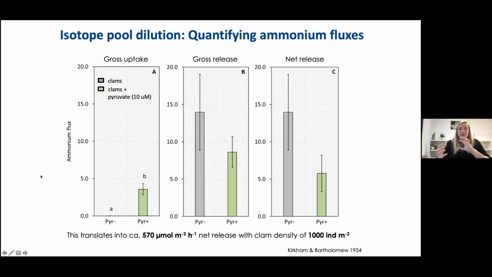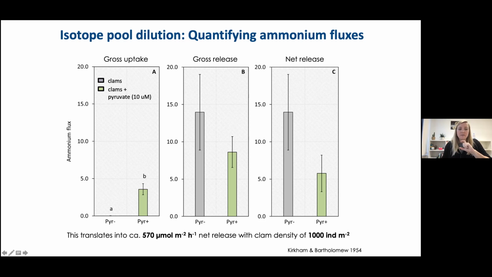And so in a bivalve that's got symbionts that might be using ammonium, but also producing it and releasing it, we were able to, with these experiments, show that there was a net release of ammonium to the environment if we incubated the bivalves in a vial with some artificial sediment.